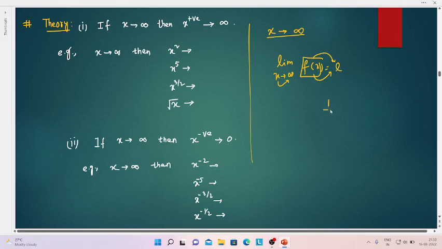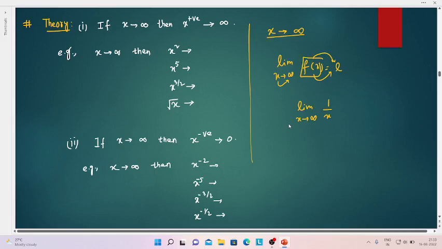Take the example 1 by x, and the limit as x tends to infinity. When we increase the value of x, suppose x equals 100, then 1 by x becomes 1 by 100. If x equals 500, then 1 by x becomes 1 by 500.